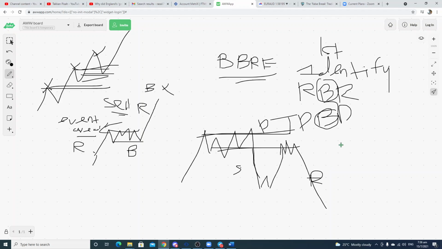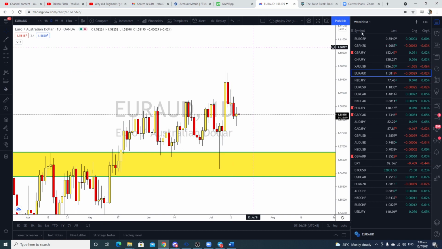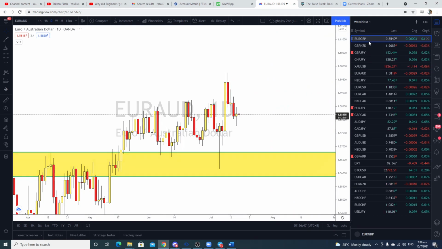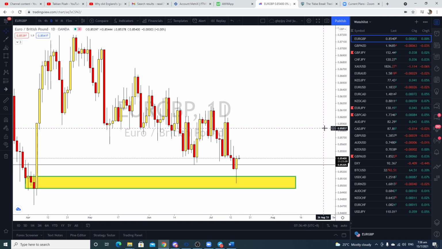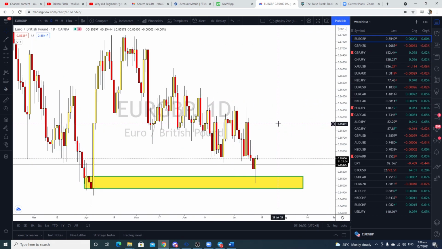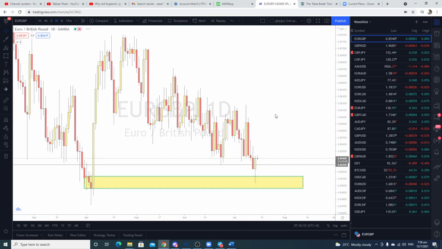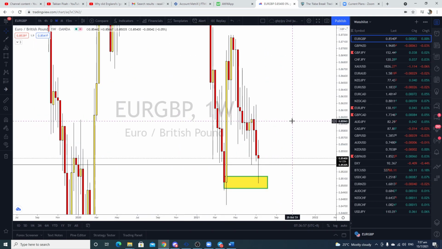I'm going to give you one example based on a chart study for you guys to see more clearly. Let me go to the chart. I'm going to give you some clear points.